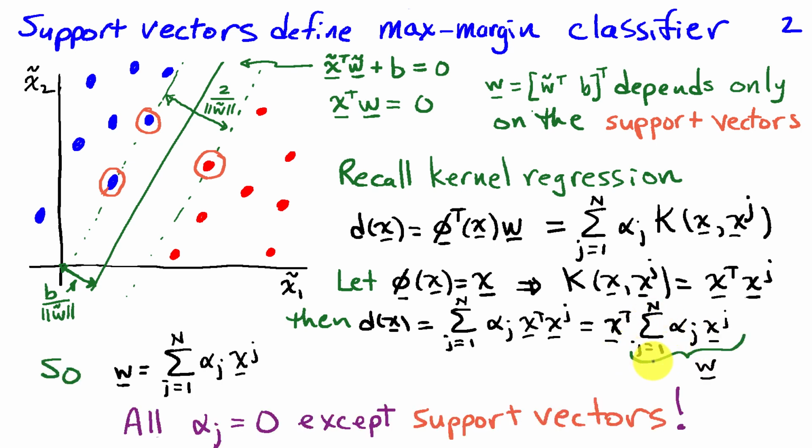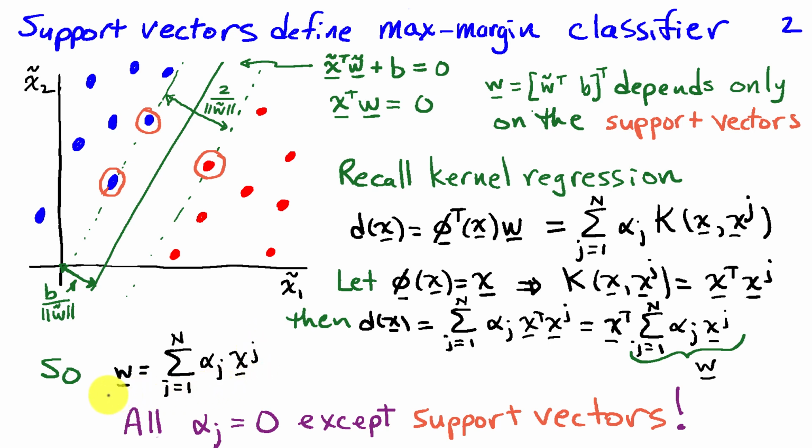Well, I can think of this sum then as the w that I'm applying in this particular case. So my w, my classifier weights, are going to be the sum from j equals 1 to n alpha j times x sub j, the jth training sample.